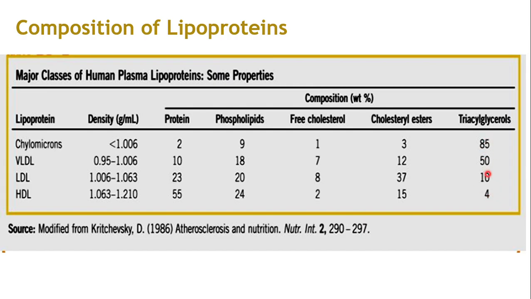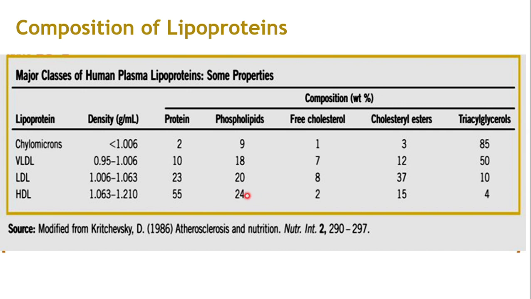And if you move from the bottom to the top, the hydrophobic part increases, which is the triacylglyceride. For that matter, it causes the molecule to be non-polar. So moving from down to up, the non-polar properties increase, and moving from up to down, the polar properties increase.